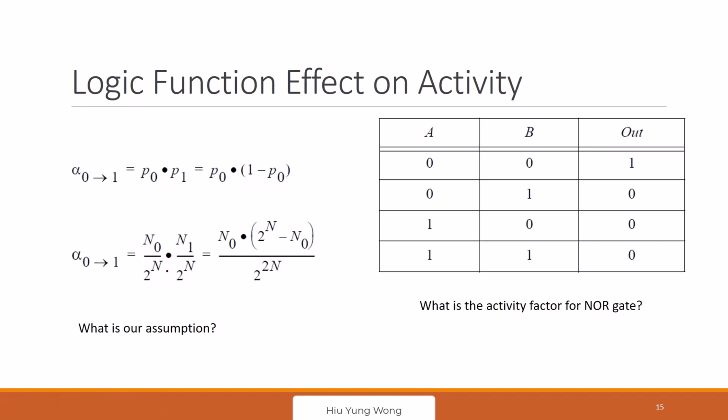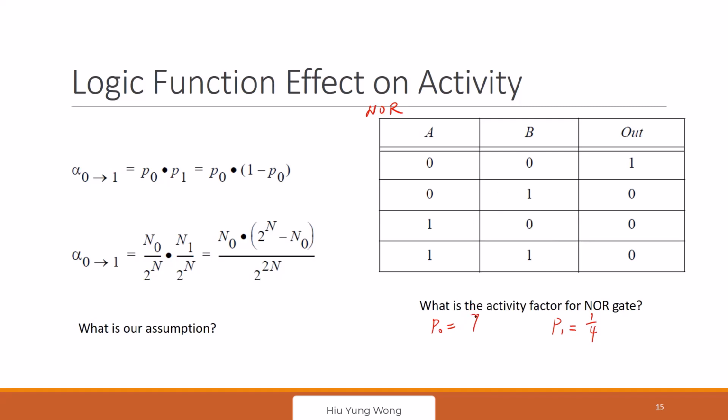This is the NOR gate. Right? Can you tell me how many 1s there are in the output? How often do we get 1? Let's do 1 first. How often do I get 1 in a NOR gate based on this table? 25%. 25%, 1 over 4. How often do we get P0? 75.